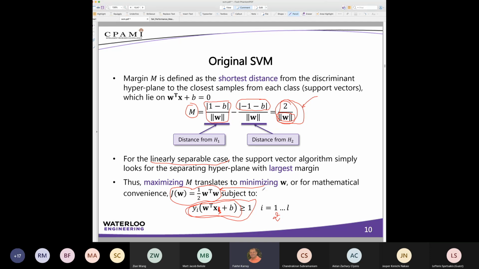Okay, so again, remember these two elements. This is the performance index, and this is subject to this particular condition. So this is a constraint, if you would like to call it, and this is mostly the support vector location for some of these data that belong to either one class or the other class.